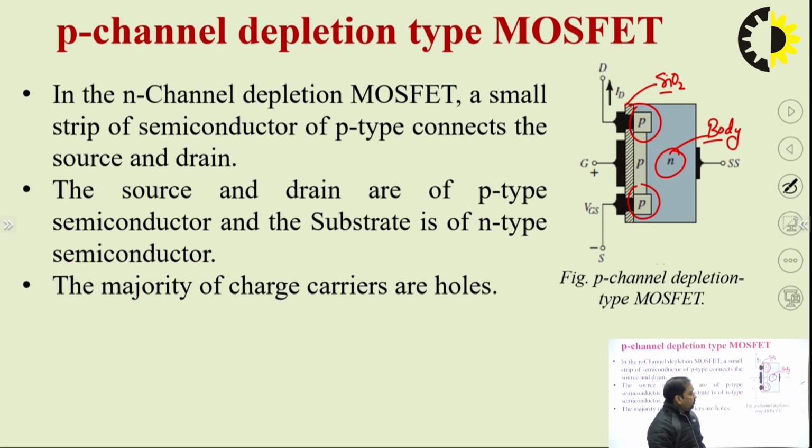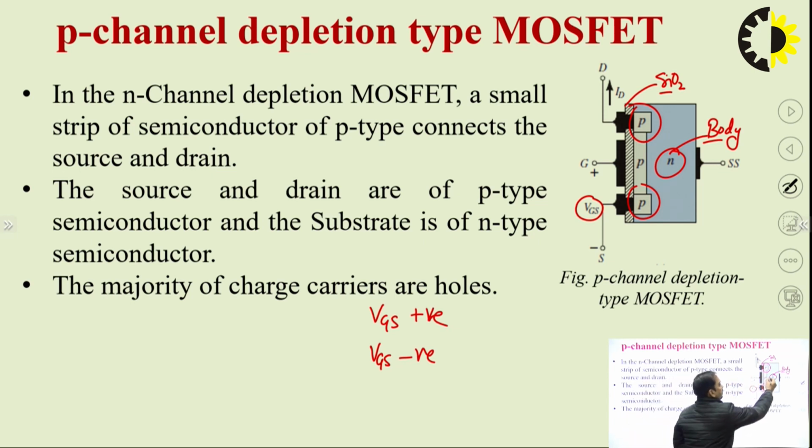So to see the operation of this particular device, what type of voltage can we apply? First of all, we can apply VGS positive, and we can note down here when VGS is negative. When VGS is positive, what will happen? More electrons are attracted towards the channel.